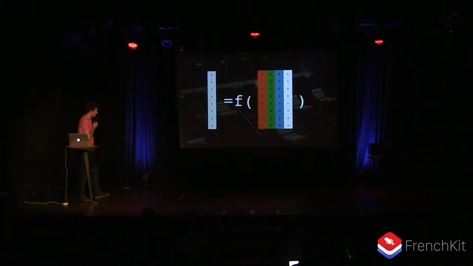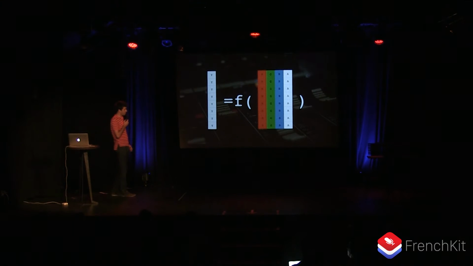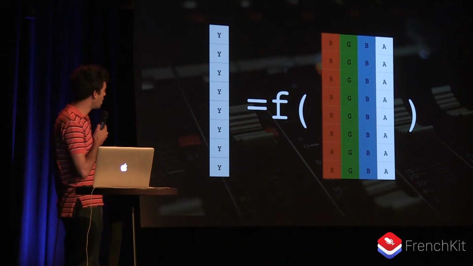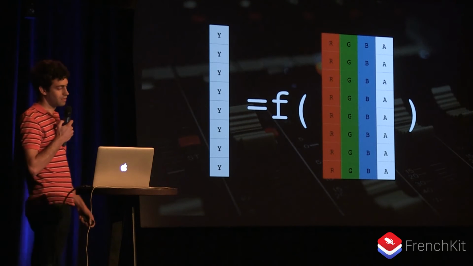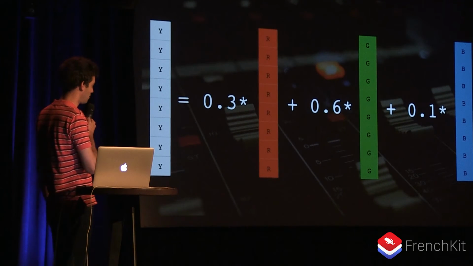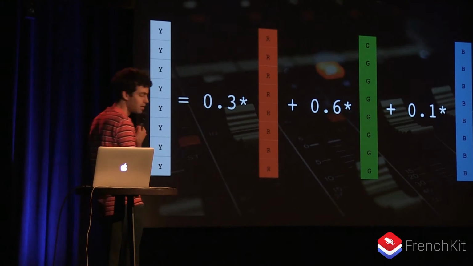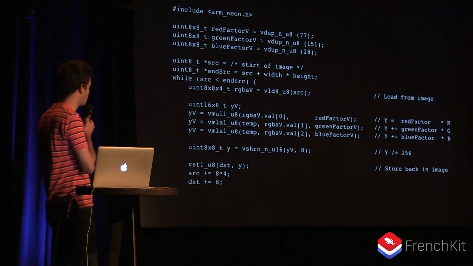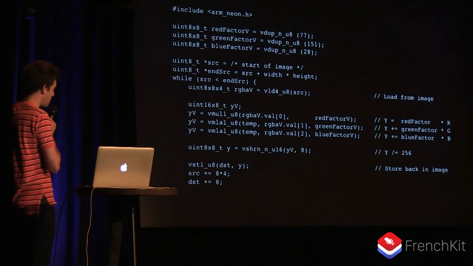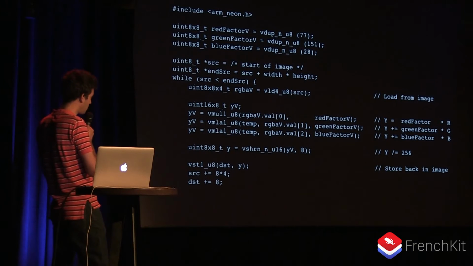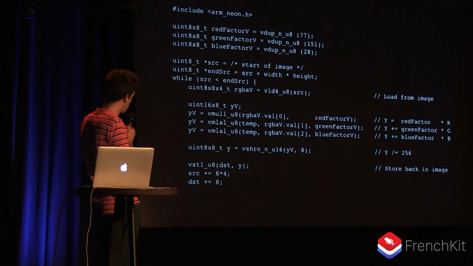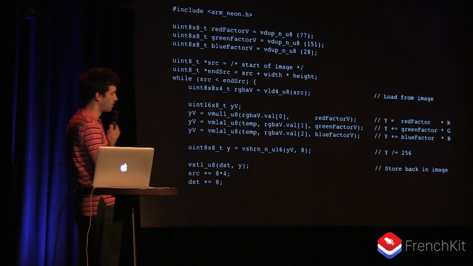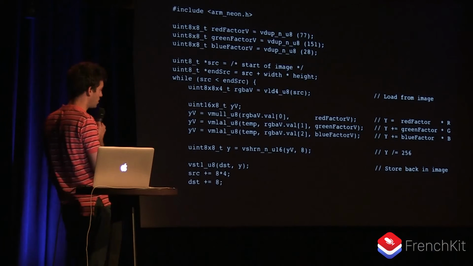So that's how it's going to look now. We can apply a function to an array of pixels, of RGBA pixels, and get an array of gray pixels. That's basically the same formula we used before. And that's how the code looks. It's a bit more complicated, but there is not much to worry about. Here we are using multiplication, additions, shifts, but instead of using the regular operators you know from C, we use these functions called intrinsics.